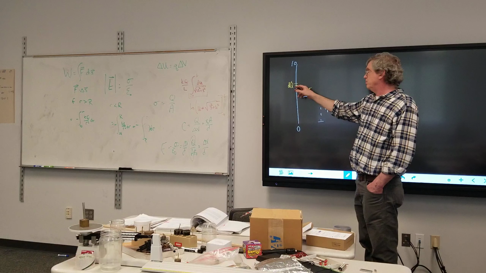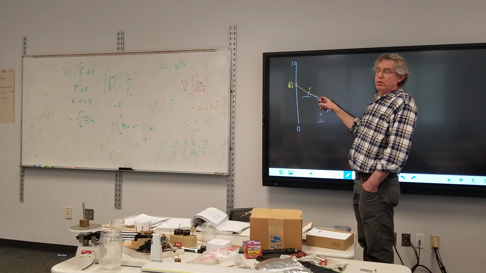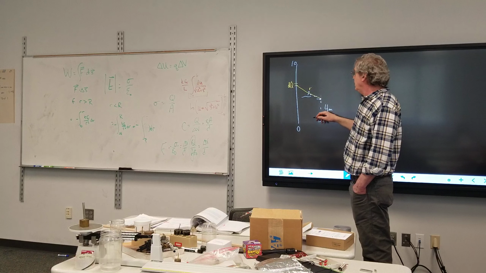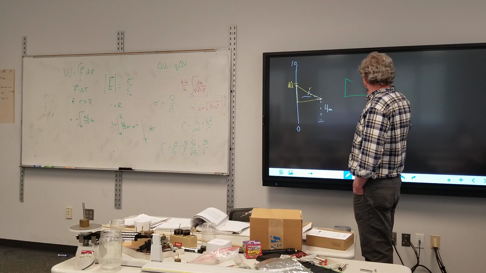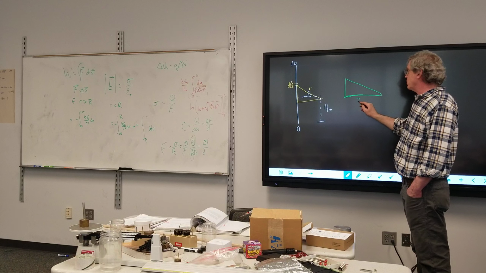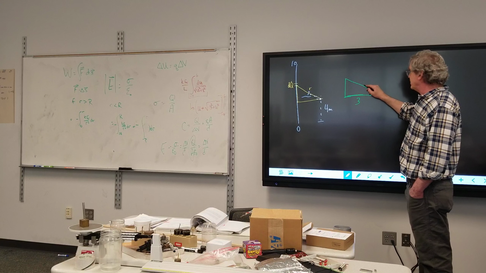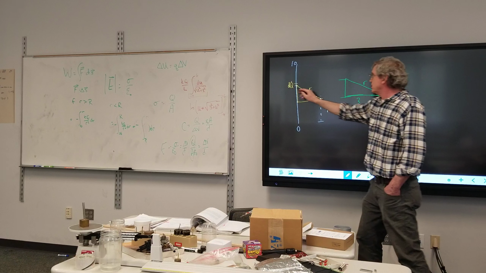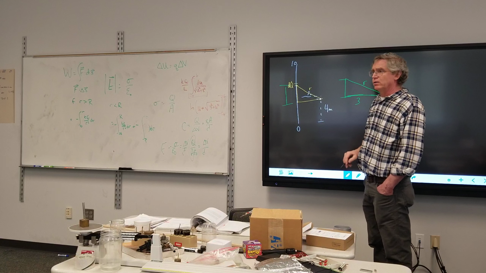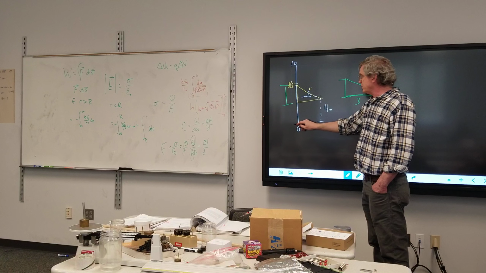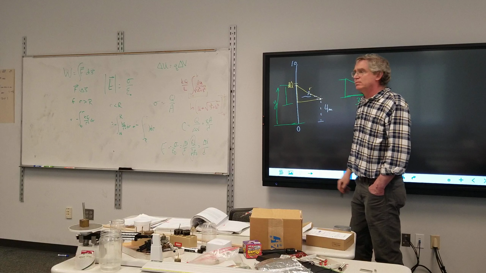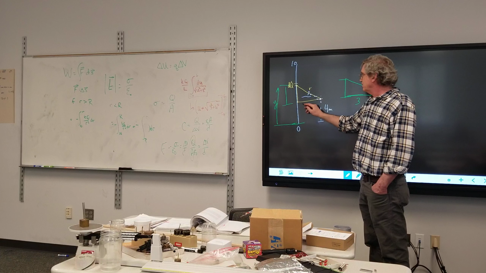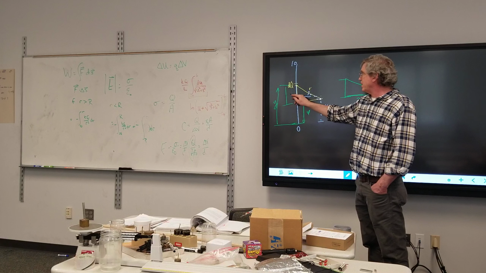R is from my point charge to the point where I'm trying to find my potential. So I have a triangle here, and I know that my base here is 3 meters. The distance from here to here is part of the triangle, and that's the part I need. Well, y is defined here. That's my y. Oh, I see. This is 4, and so this has to be y minus 4.